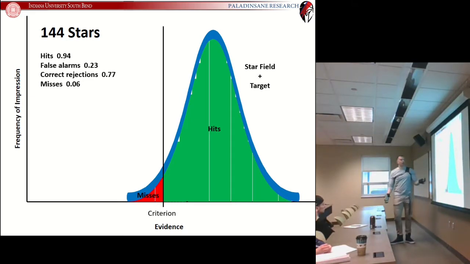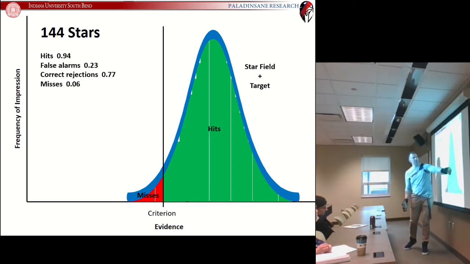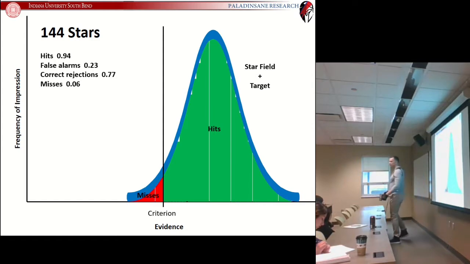So I can tell where everybody's criterion is by looking at their hits and misses, and the criterion line is the amount of evidence that splits those two areas. Note that the hits and misses add up to 100%. We also have false alarms and correct rejections.